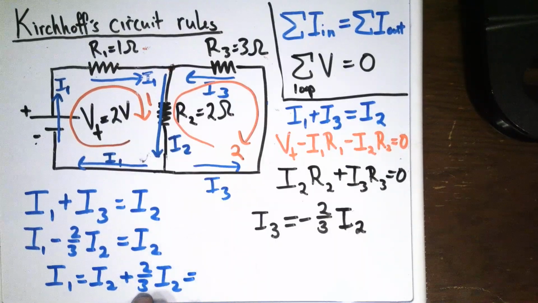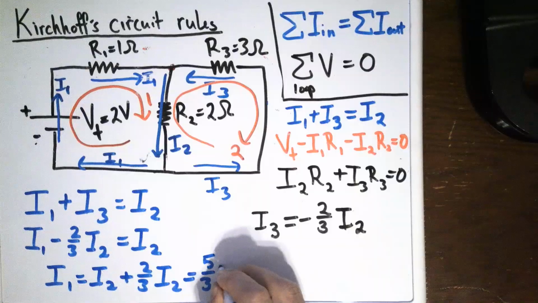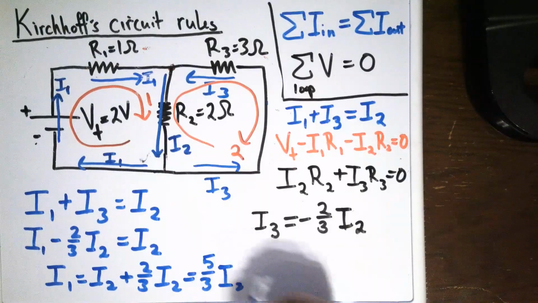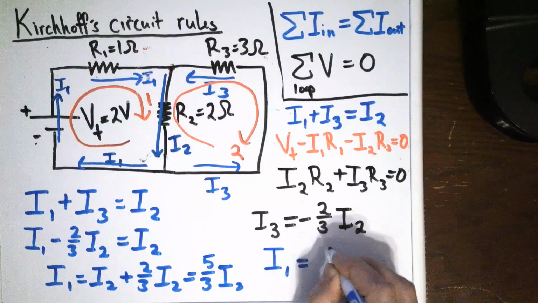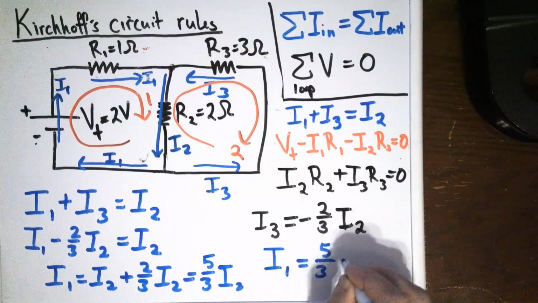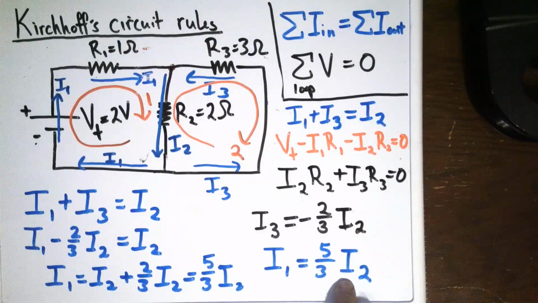And so if I add these together, I get 1 plus 2/3, which gives me 5/3 current 2. So current 1 equals 5/3 current 2.